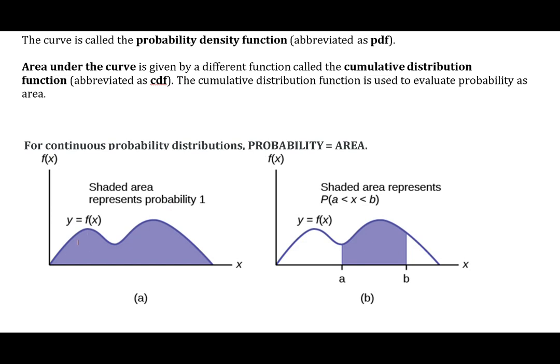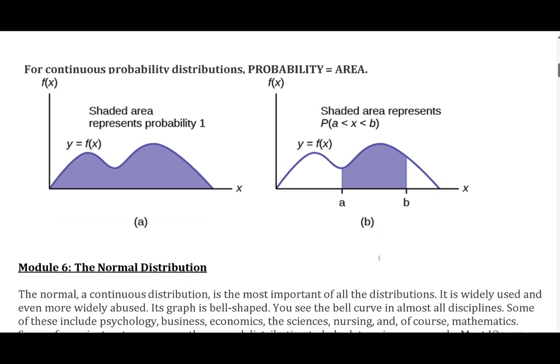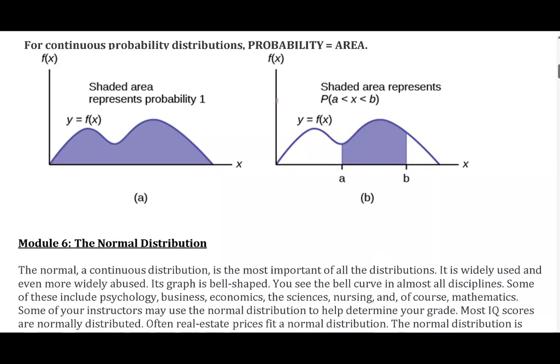So the left side shows that the total sum of the probabilities is going to be equal to 1, and the shaded area between A and B will represent the probability that our x value will be between A and B. So this is a nice graph that shows a continuous probability distribution, but it's very challenging to try and find the area underneath this curved figure here, especially in graph B. We would need to use some integral calculus, and we would need to know what the function's equation is so that we can actually use integral calculus to find the area under the curve between those two boundaries.